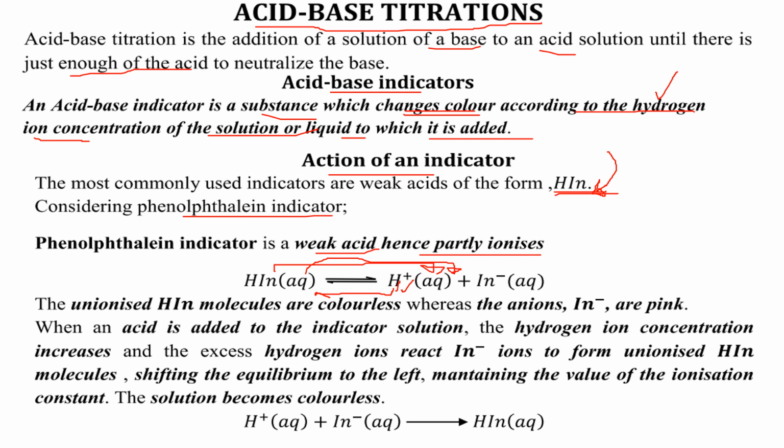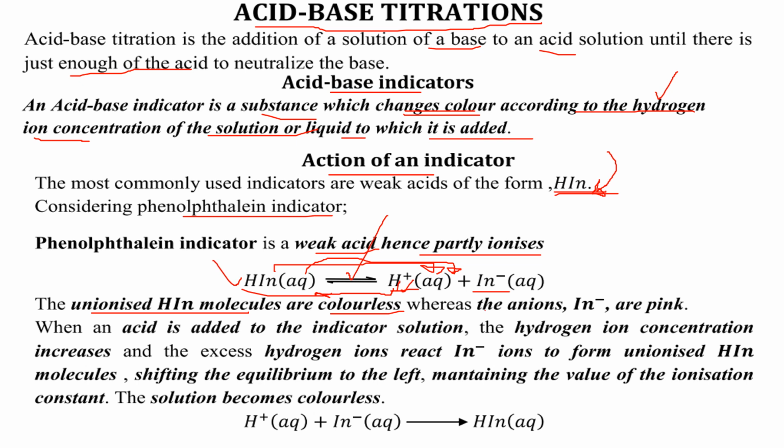So HIN, or phenolphthalein indicator, partially ionizes, which is represented by partial arrows, to form hydrogen ions and IN ions in aqueous solution. Here the unionized HIN molecules are going to be colorless. That means that if more of this exists, the solution is mainly colorless.